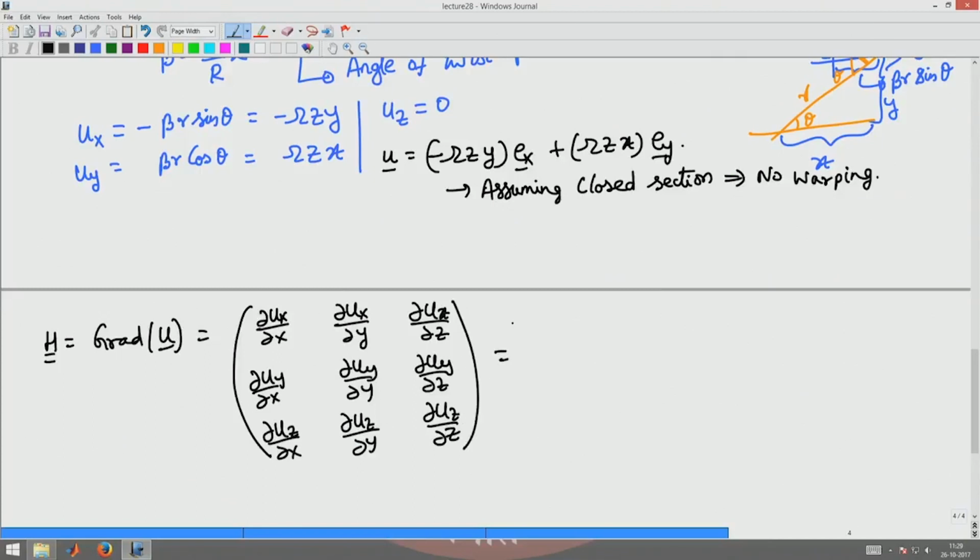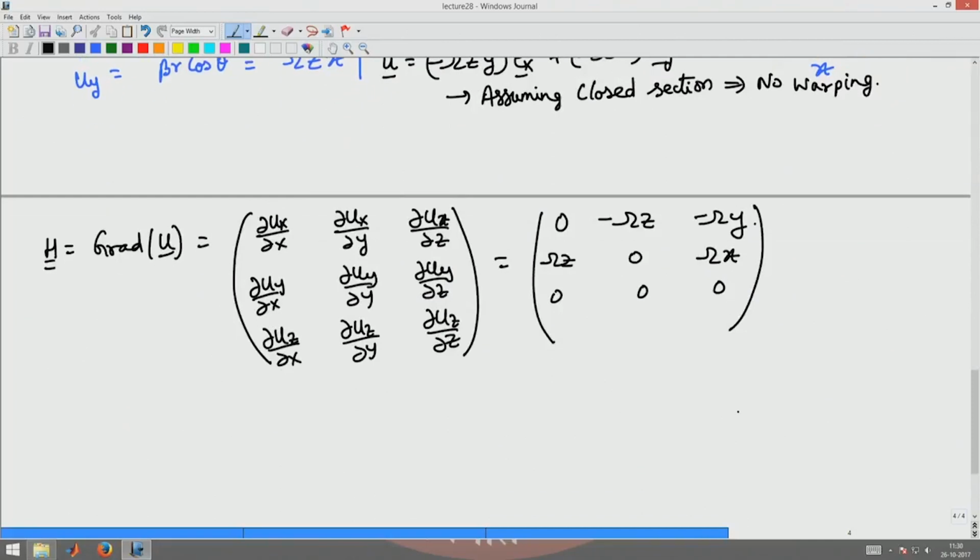If I substitute the components of displacement from here into these components, I will get 0, minus omega z, minus omega y, omega z, 0, omega x, 0, 0, 0. Right? Okay.